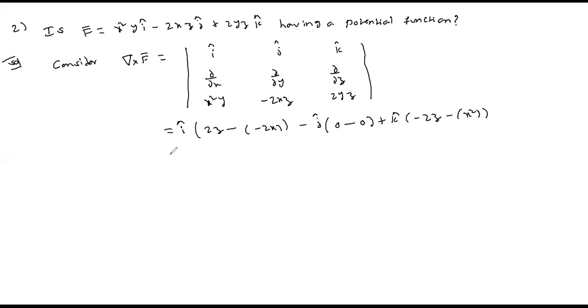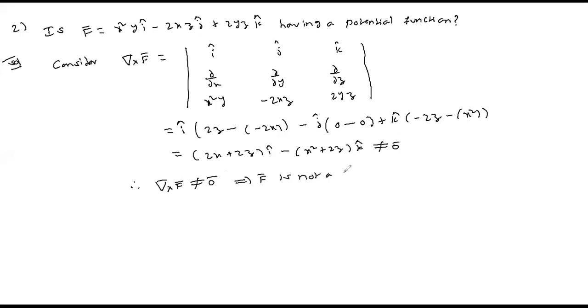Now this is a non-zero vector: 2x plus 2z into i bar minus x squared plus 2z into k bar, which is non-zero. Therefore del cross f bar is not equal to 0 bar. Simple as that.